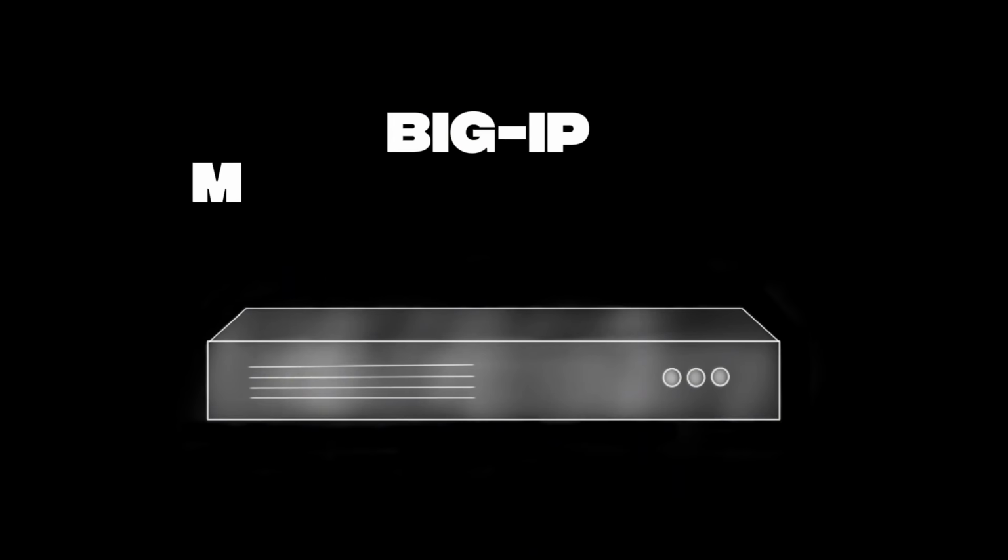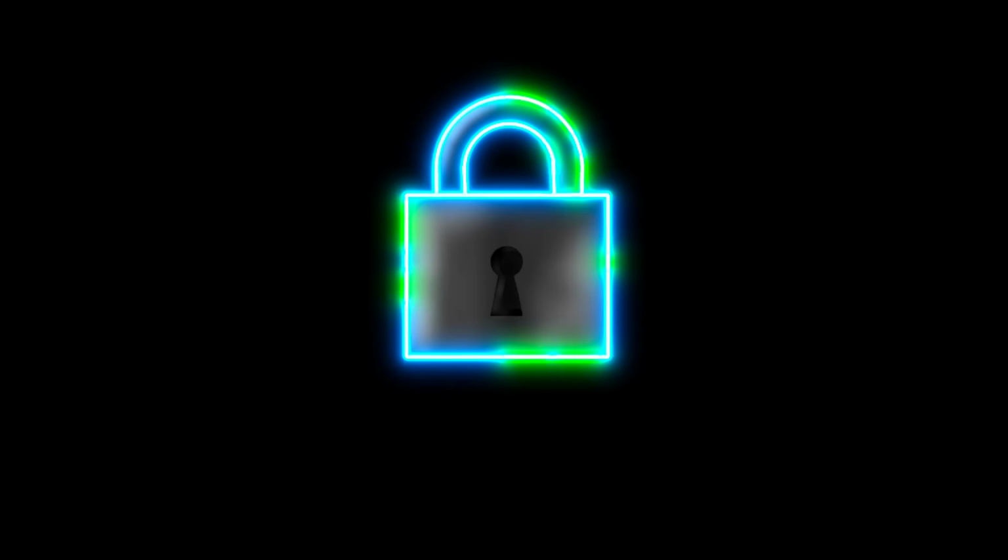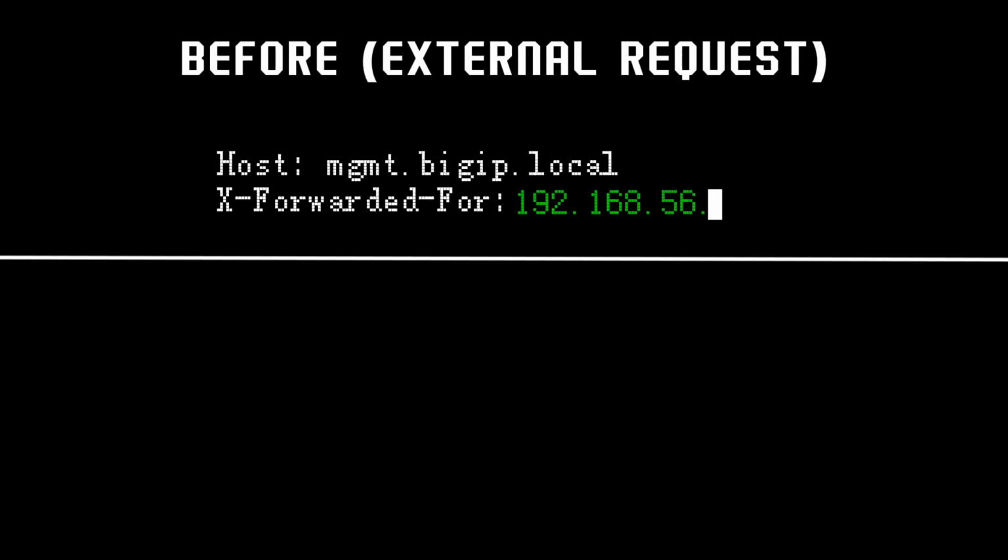It was in the Big-IP's management API called iControl-REST. The iControl-REST API is how admins manage Big-IP devices remotely. It's supposed to be very secure, requiring proper login and only allowing certain types of requests. Big-IP wasn't validating certain HTTP headers.